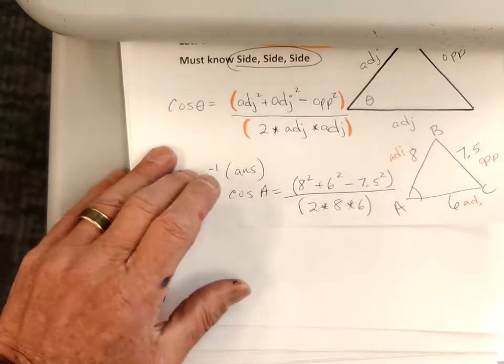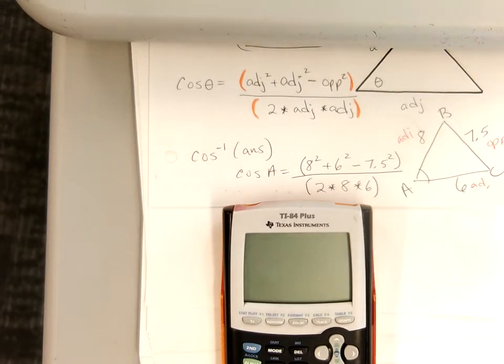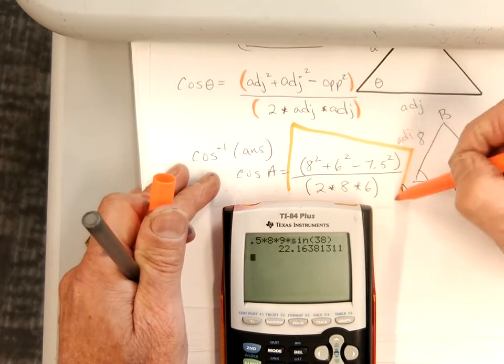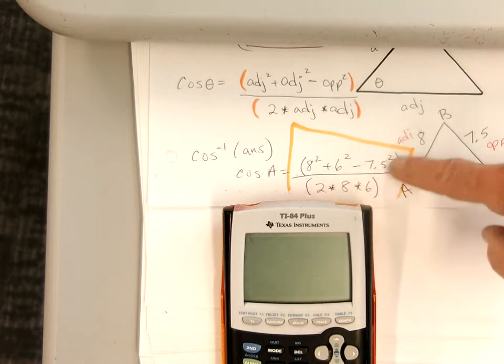Now, I'll let you write that down, and I'll show you how this works in my calculator, okay? So I'm doing 2 steps. I'm going to put this into my calculator first and get that decimal, and then I'll take the cosine inverse, okay?